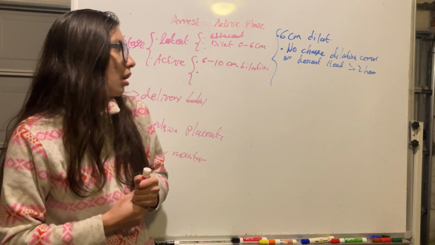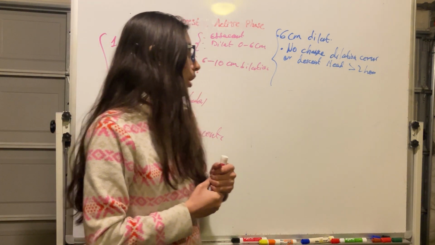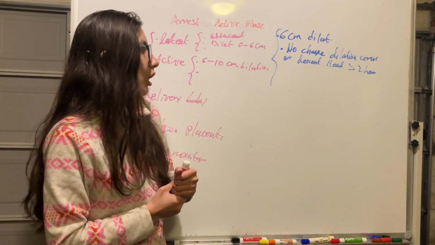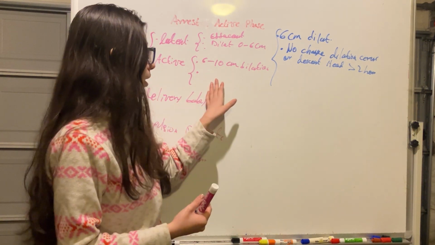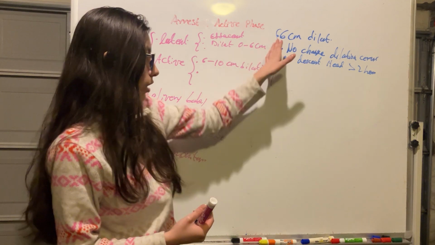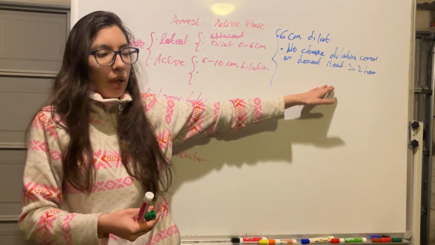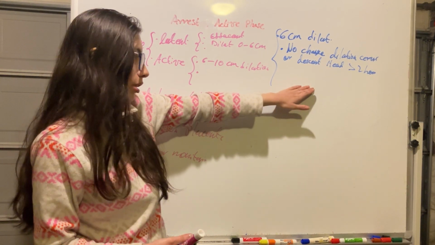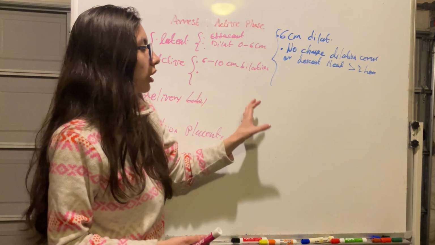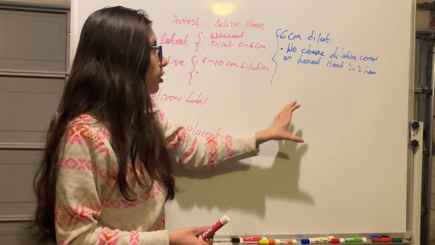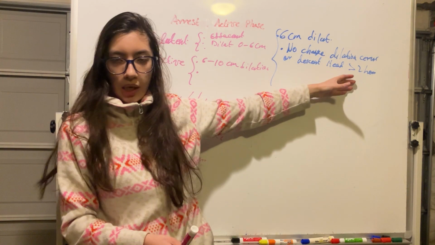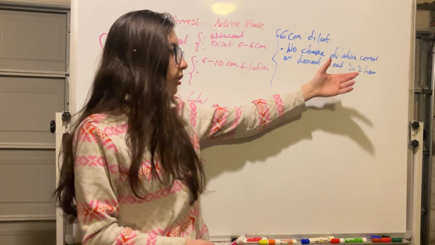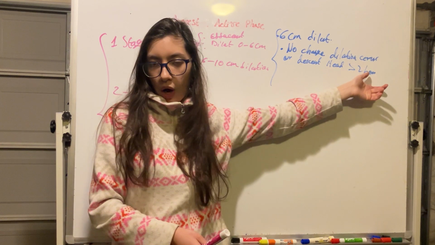But if we have no change in dilation of the cervix or descent of the head for more than 2 hours, already being in the active phase, so already being 6 or more centimeters dilated, this is arrest of active phase. But this is more to give us an idea of the arrest of active phase, which is no changes for more than 2 hours.